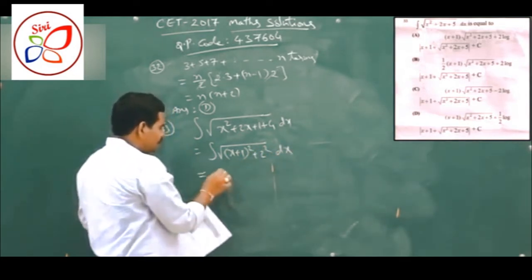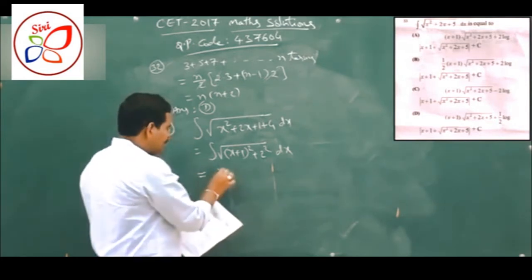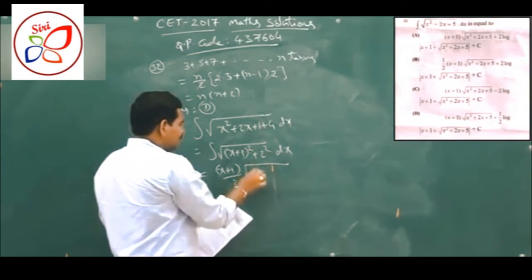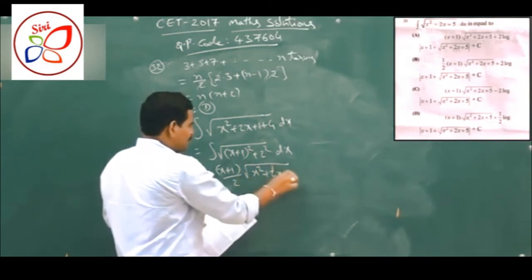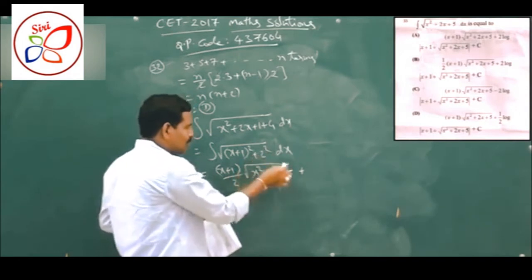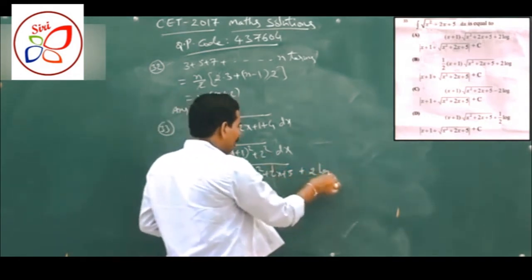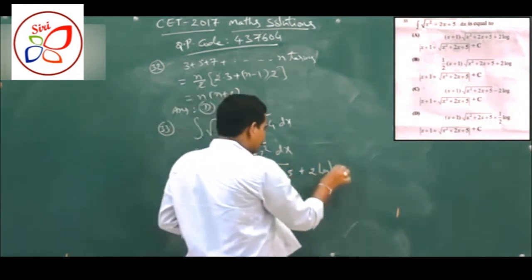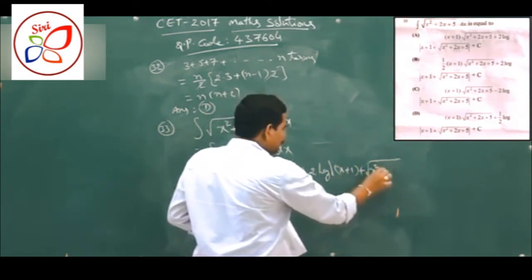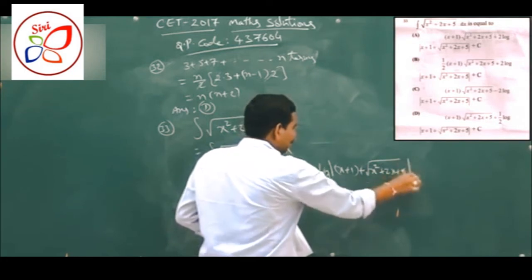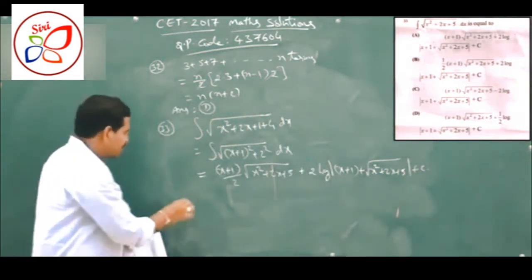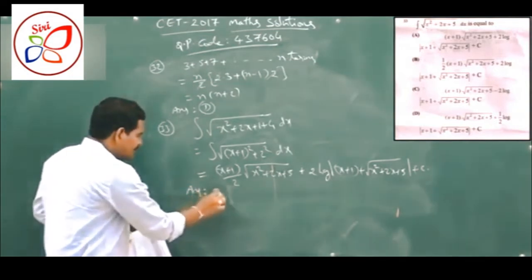So answer is x plus 1 by 2 into root of this one, x square plus 2x plus 5, plus a square by 2. A square is 2 square, by 2 means 2 into log of x plus 1 plus same value root of x square plus 2x plus 5, plus c, which is given in second option B. So answer is B.